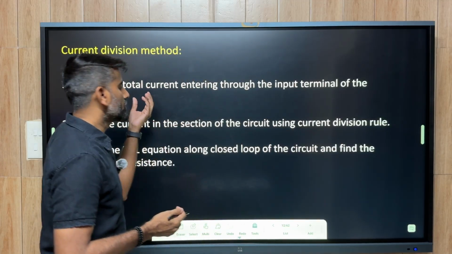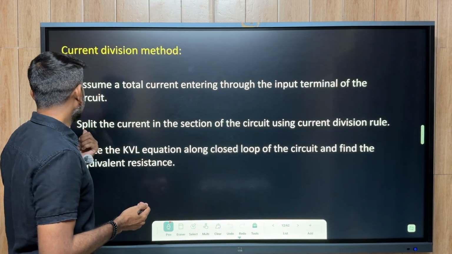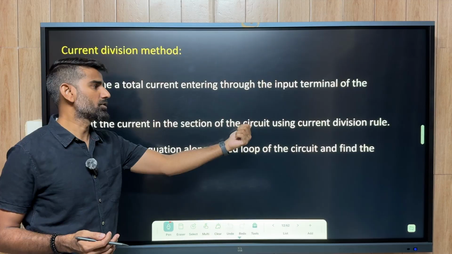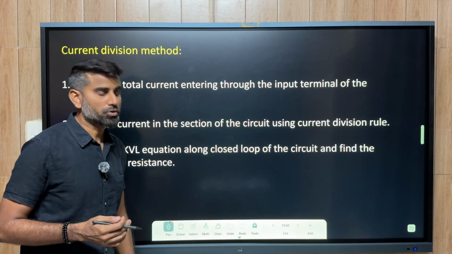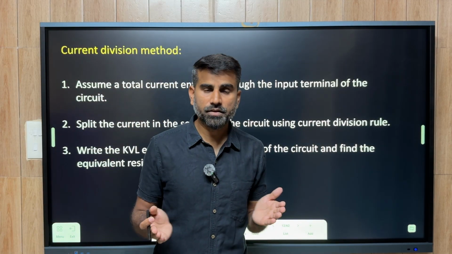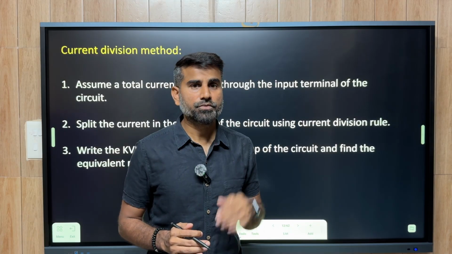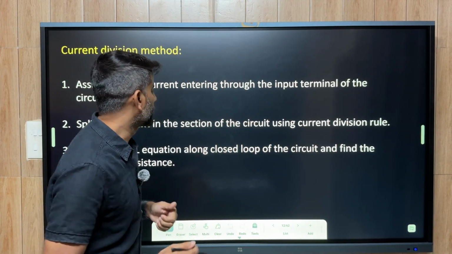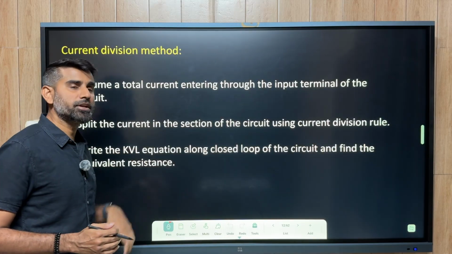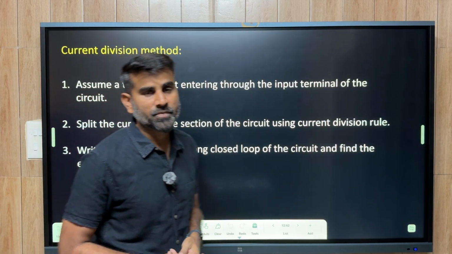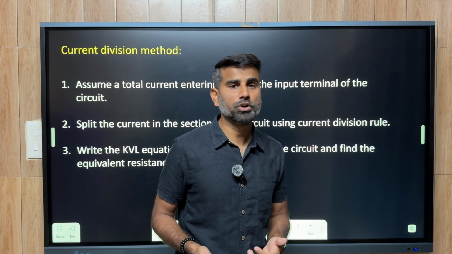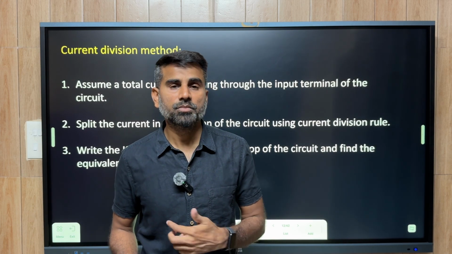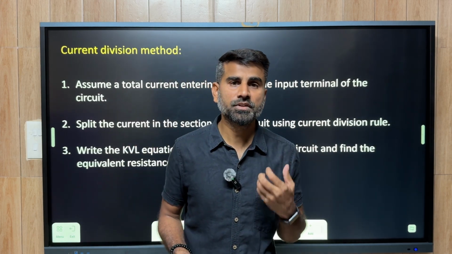So we are going to assume that current and then split the current in the sections of the circuit using the current division rule. So we divide the current across all the branches which are starting at that terminal, and write the KVL equation by considering the loops. So these are the three steps that we are going to follow in order to find the equivalent resistance by using this current division method.